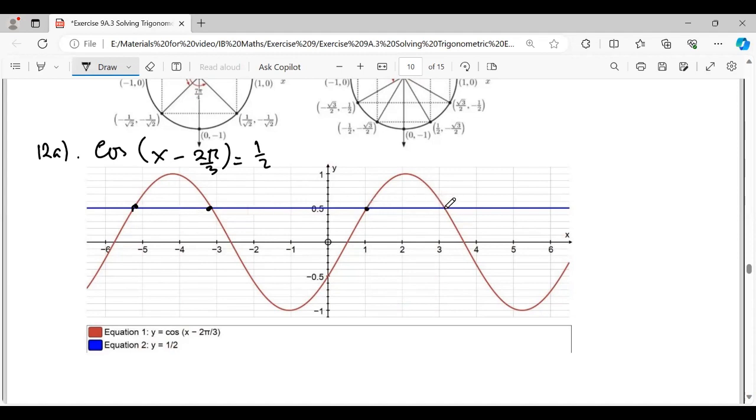So we are going to find pi here, on the x-axis, but the unit is in pi, not in integer.